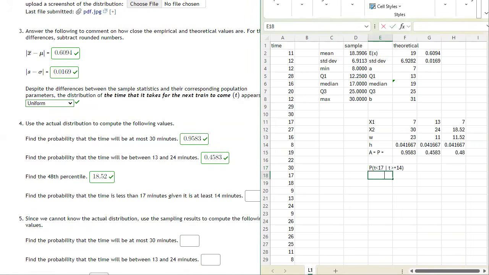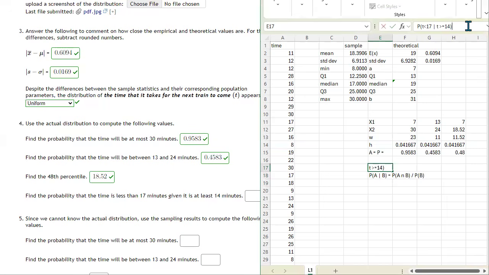Well, let's write this as probability of A given event B. Event A is t less than 17. Event B is t greater than 14, right? And we know from the probability review in unit 1 that this equals A and B divided by the probability of B, right?